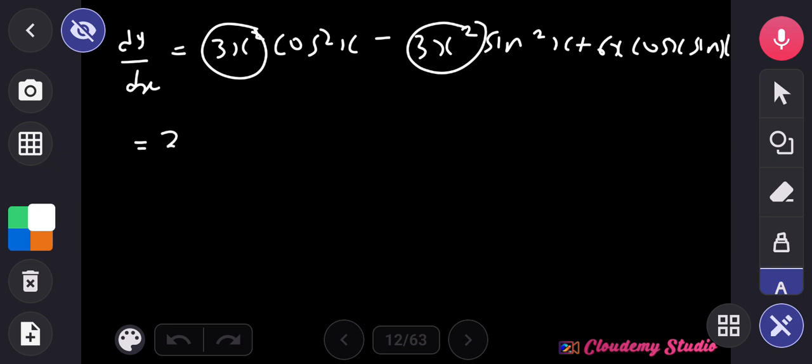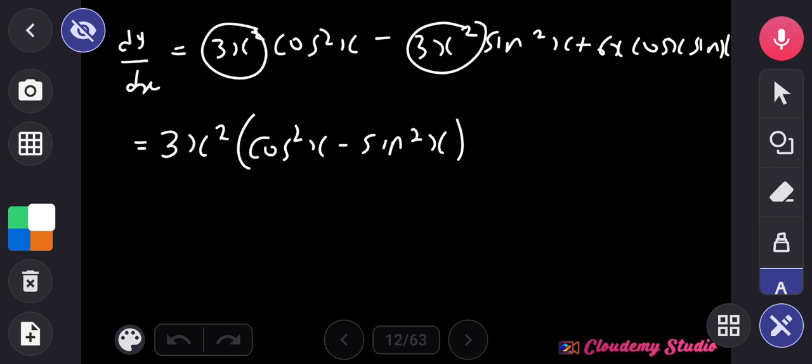So I'm going to be having 3x squared out here into brackets cos squared x minus sine squared x. Plus, next one is 6x cos x sine x, right? And we can conclude our answer in this form. So this is how to solve product rule of differentiation.